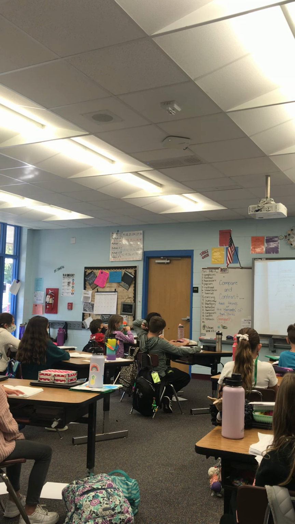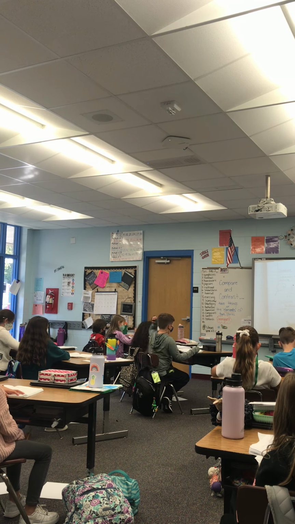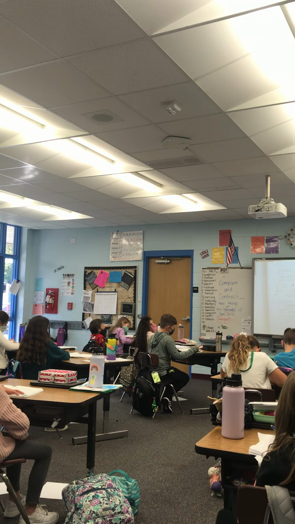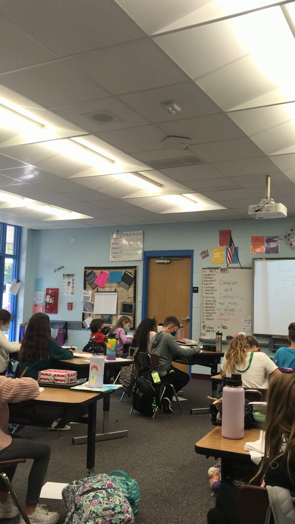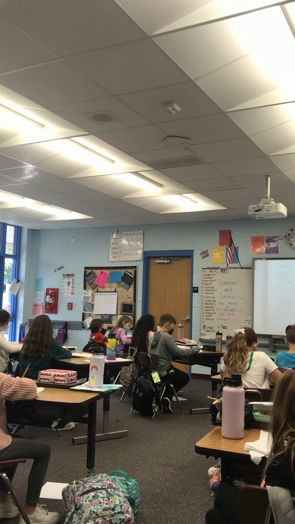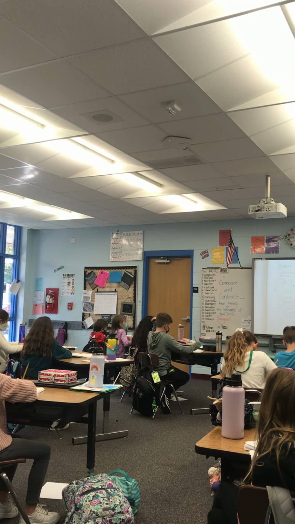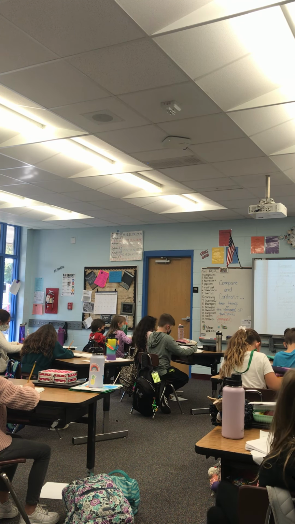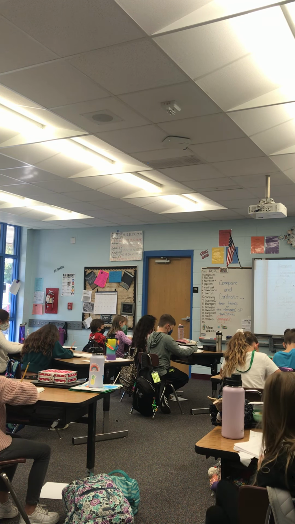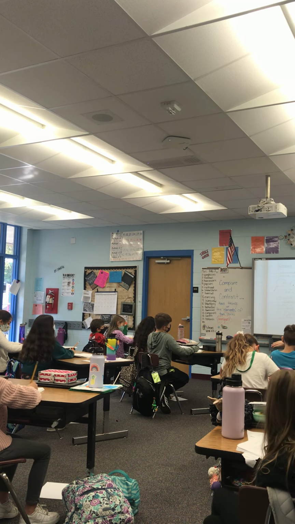All right, let's get some signal words for contrasting. Contrasting is how things are different. Make a neat little anchor chart in your journal right now and talk to me about how things are different when we contrast. Differences.